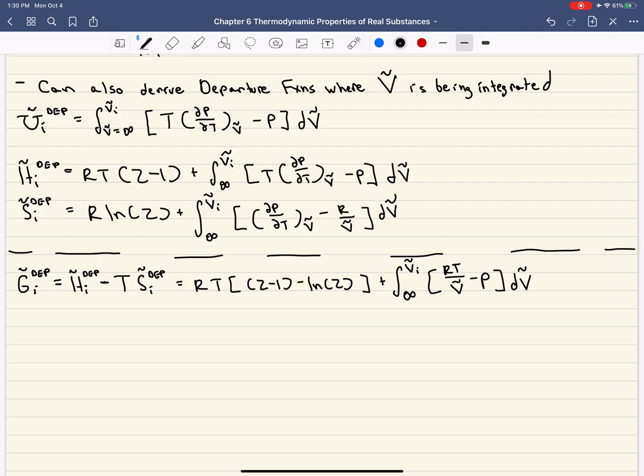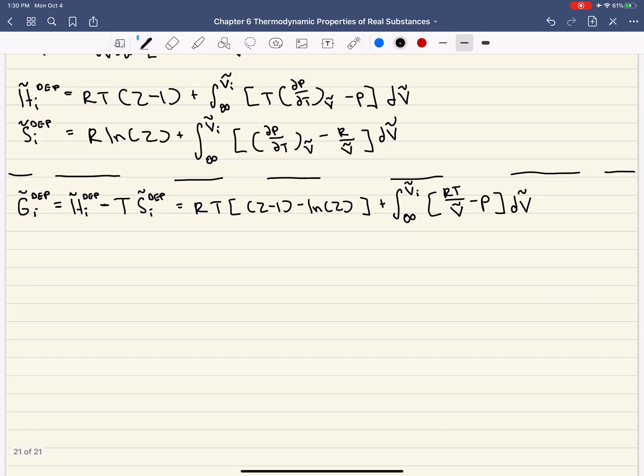The reason I'm introducing this now is because in later chapters, we're going to talk about this thing called fugacity, which you could think of as a non-ideal version of pressure.